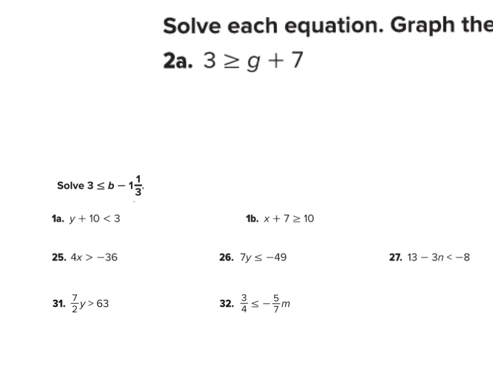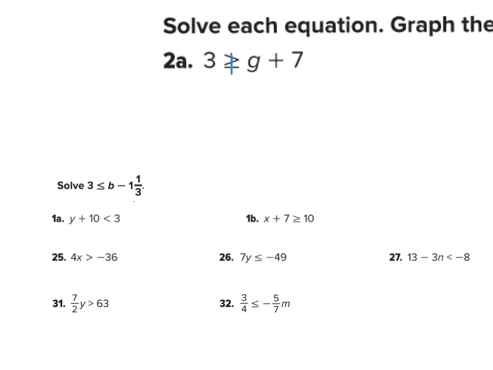It's open towards the left, and the alligator always goes for the bigger side, just like an alligator is going to always choose the bigger, juicier prey. So 3 is greater than or equal to g plus 7. I'm going to think about what this means: 3 is going to be larger or equal to g plus 7.